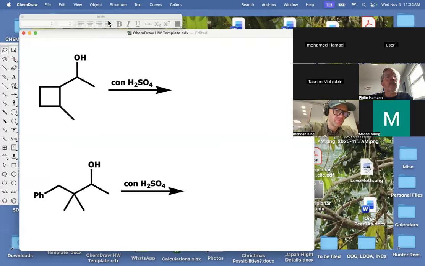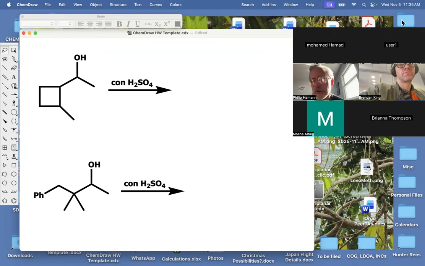I had a quick clarification before, which is that A products are only for E2 and SN2, and B products are for SN1 and E1, and that's all we have to know about that. For SN1, the weak nucleophile has to be a protic species because it has to lose the hydrogen to make a neutral product.